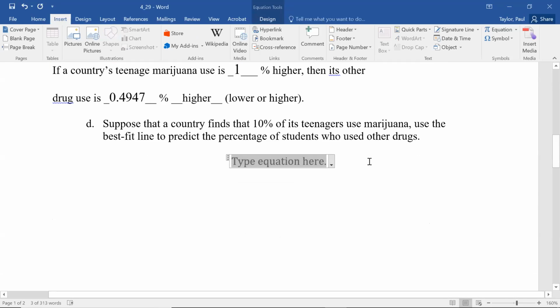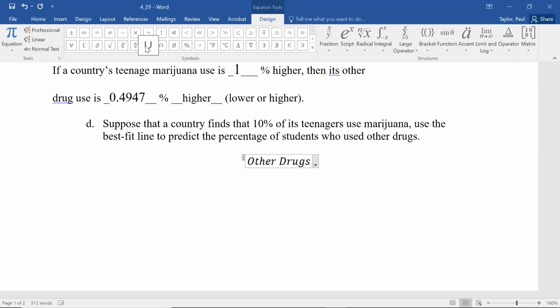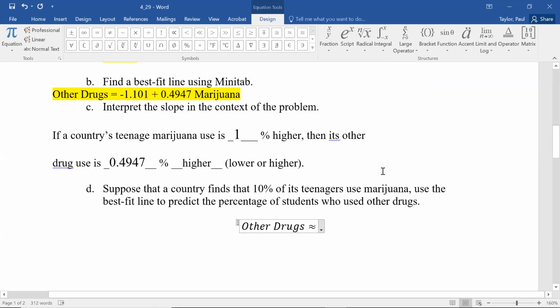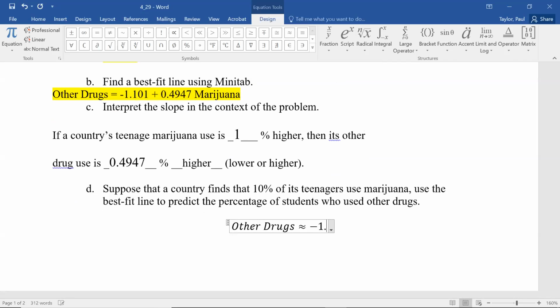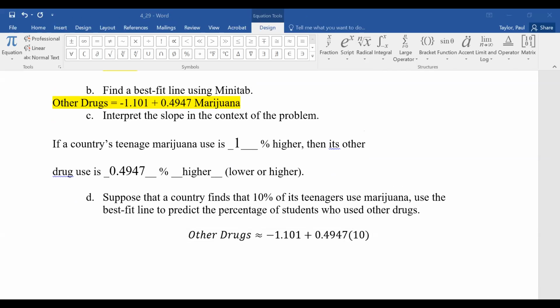Okay, so what is our equation? Our other drugs number should be approximately equal to, I guess I'll use an approximate sign, why not? So approximately equal to negative 1.101 plus 0.4947 times 10, because 10 is what we know our marijuana number to be.